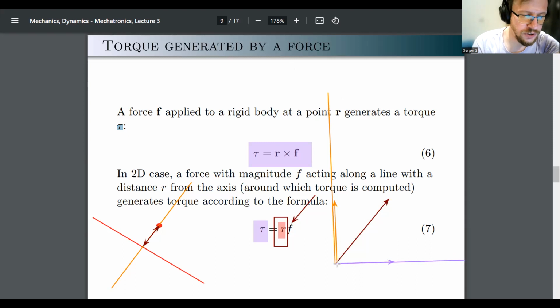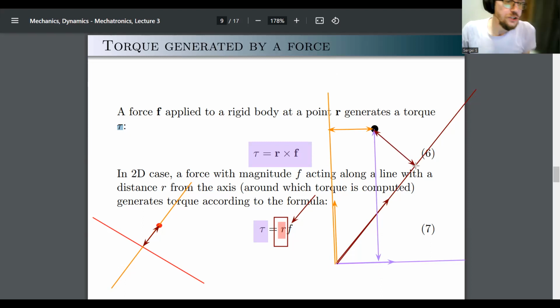For the original force, line of action is this. So it will be, again, a different line. And you can imagine if you have a point somewhere in space, let's say here, the distances will be different for each of those, right? Here's the orange distance. Here is the violet distance, okay? And here is the maroon distance, like the original force distance.